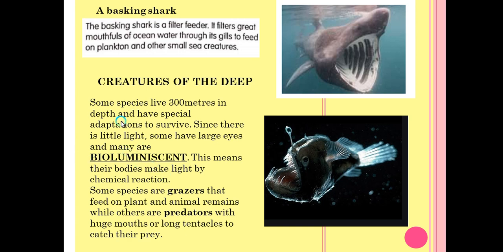Some species are grazers that feed on animal and plant remains, while others are predators. Predators means the bad ones. They kill other animals with huge mouths or long tentacles to catch their prey.